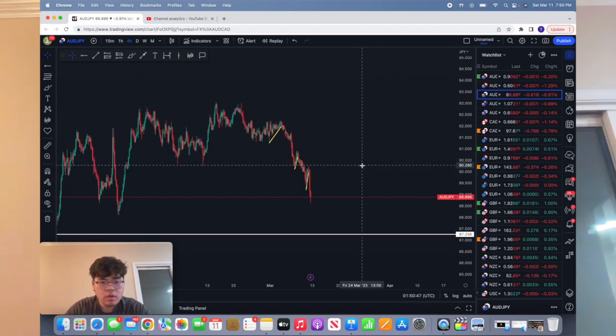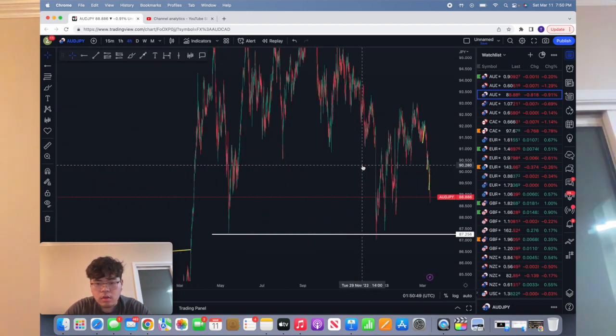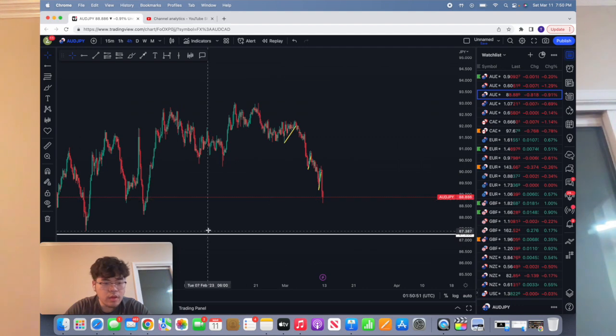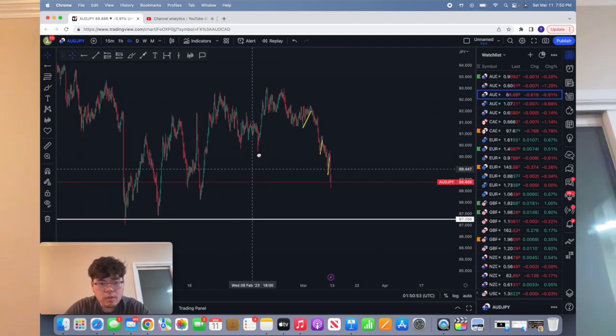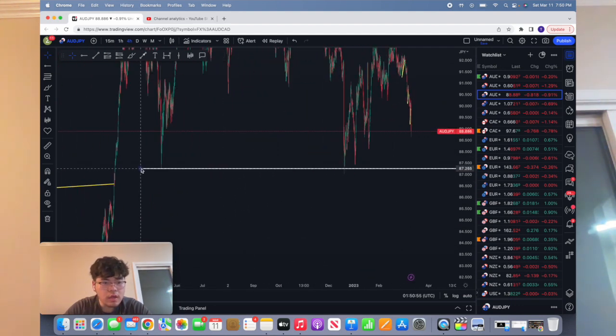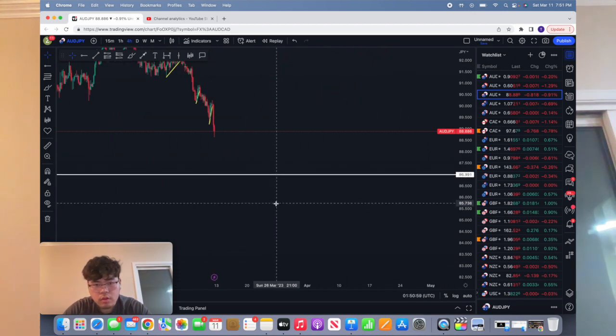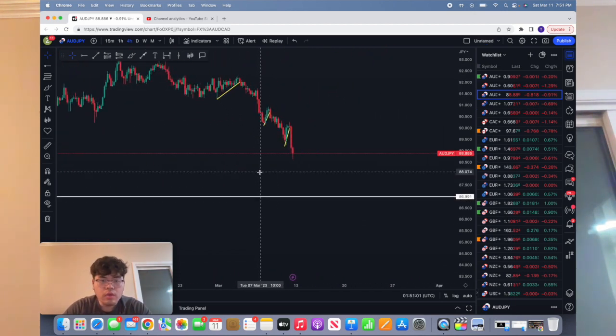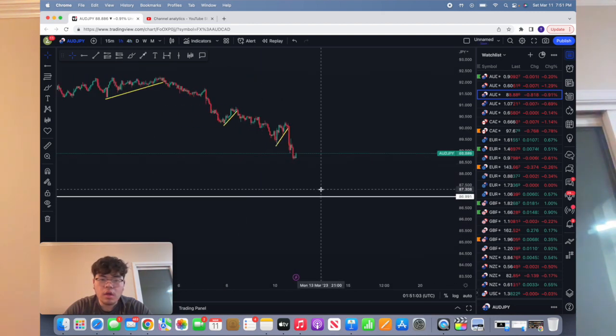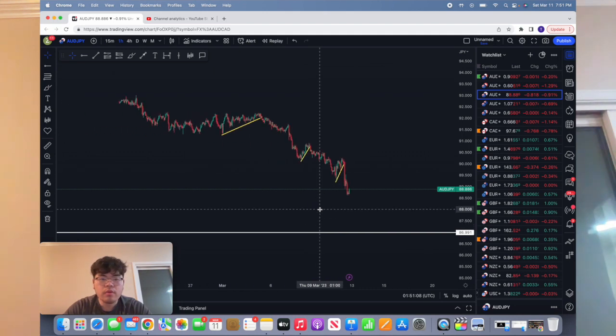AUDJPY. So right now we can kind of see almost 3 bottoms. It's mainly what we're going to see on this area value, what kind of structure it creates. But it's the same thing.